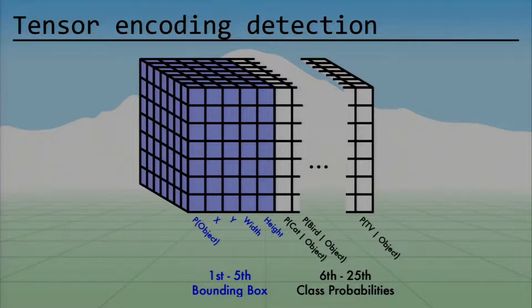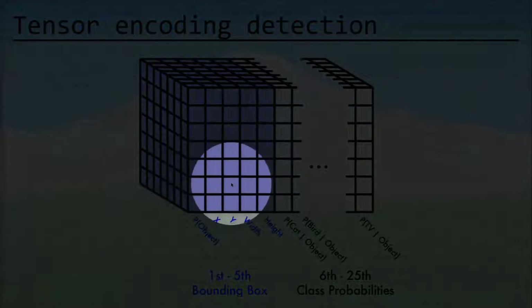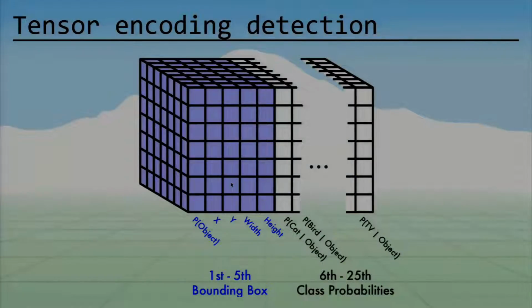And originally, we predicted these directly. We would predict the x coordinate, the y coordinate, the width of the bounding box, and the height of the bounding box. Nowadays, we predict offsets from some predefined boxes, and we'll talk about that a little bit later. But basically, these coordinates are just going to contain some kind of information to make the prediction for what the bounding box is at that location.